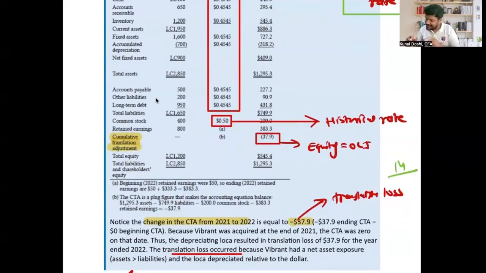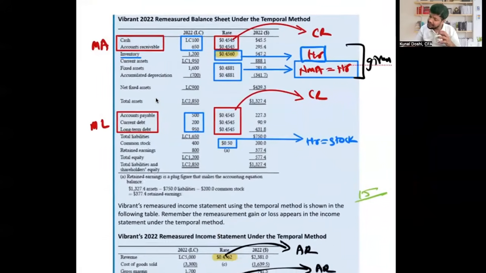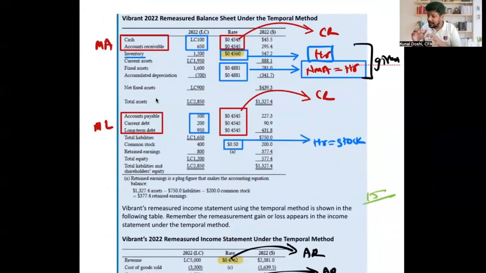From all these assets and liabilities, whatever is the missing amount, that is called my CTA.